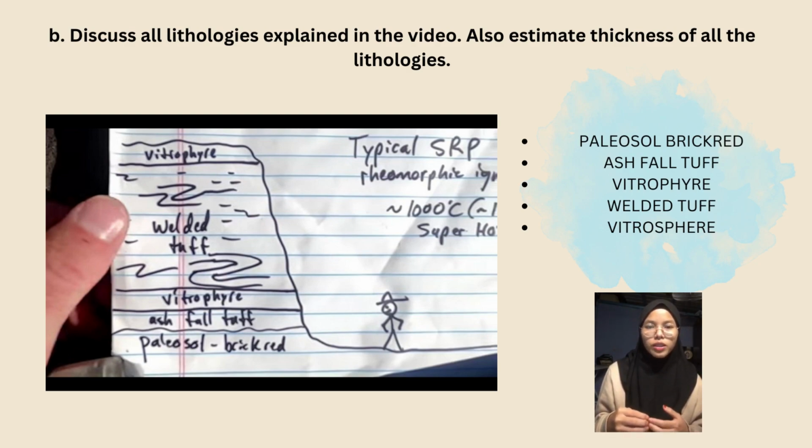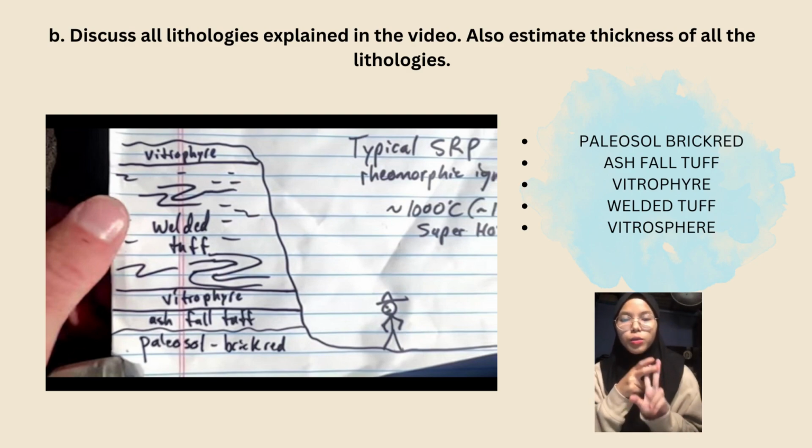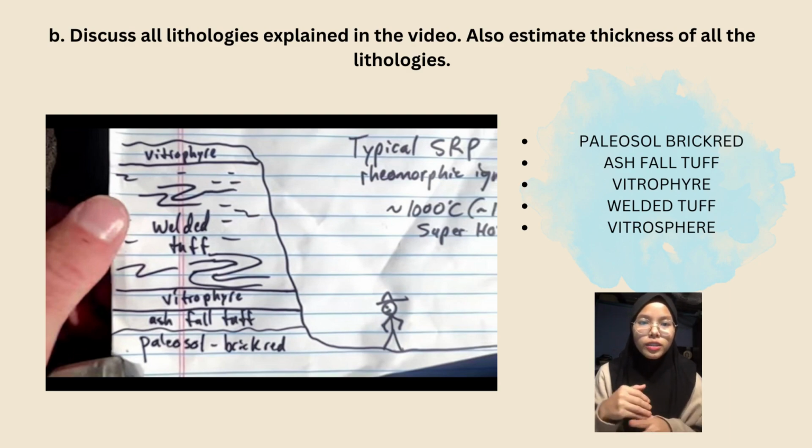There is a big temperature change. Okay, for the third layer, we call it a vitrophyre. Vitrophyre is a volcanic rock with a porphyritic texture in which larger crystals are embedded in a glassy groundmass.